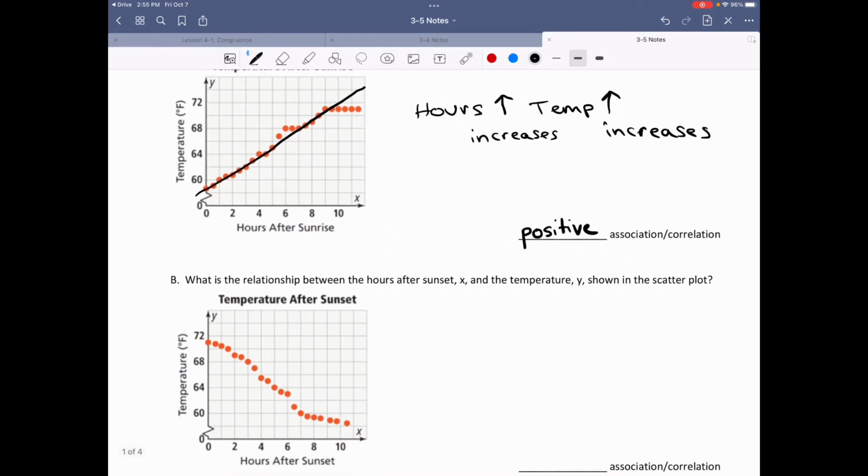On this next one, what is the relationship between the hours after sunset and the temperature shown in the scatter plot? So as the hours after sunset increase, the temperature decreases.